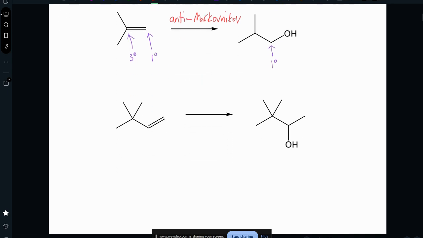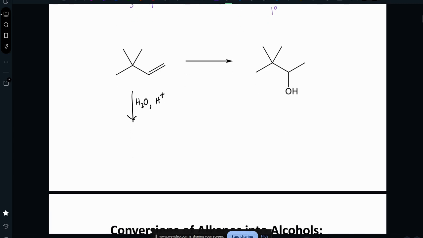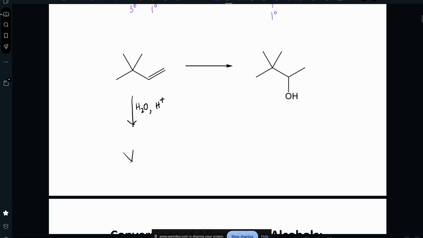The second one, we also don't have a way to do, because if we were to try using H2O and H+, remember we would go through a carbocation intermediate that would then undergo a carbocation rearrangement or an alkyl shift.